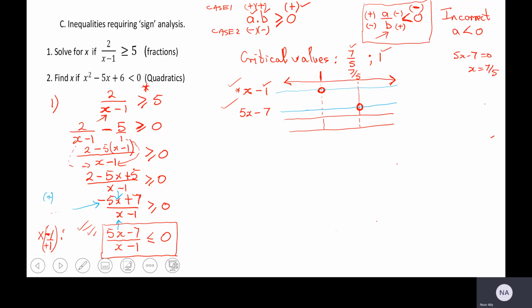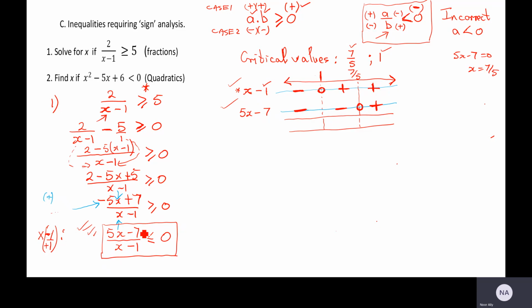If those are number lines, it very simply means that for x minus 1, to the left of 0 is negative, to the right of 0 are positive values. For 5x minus 7, to the left of 0 is negatives, to the right is positives.